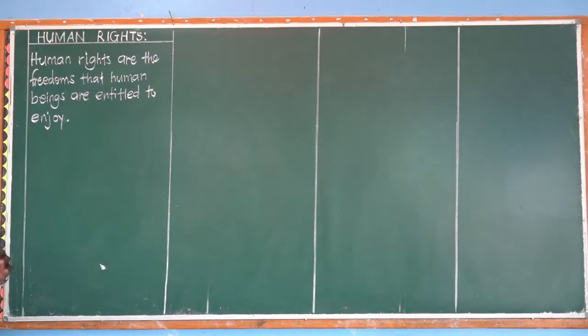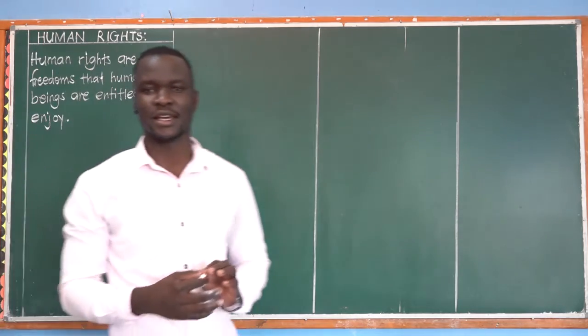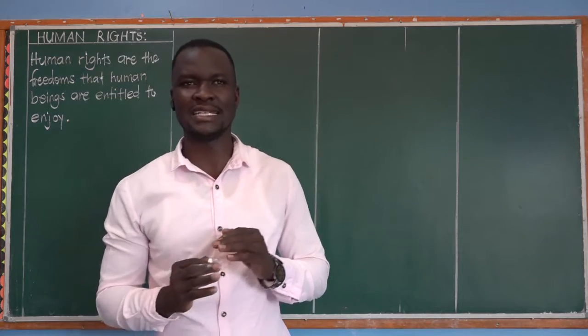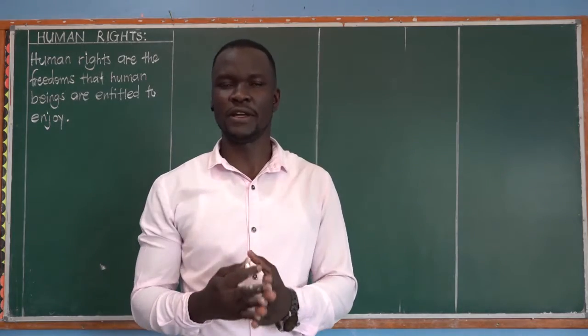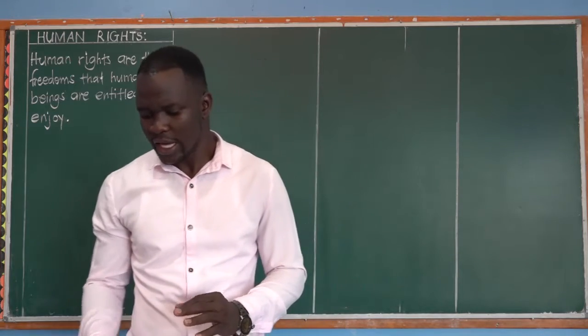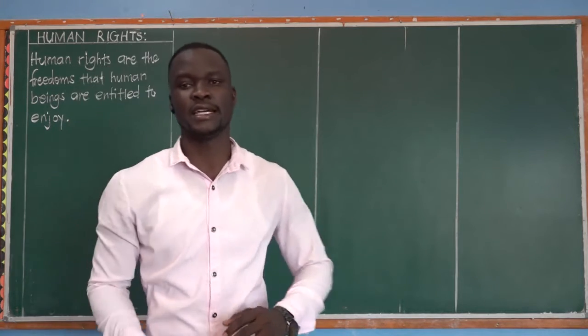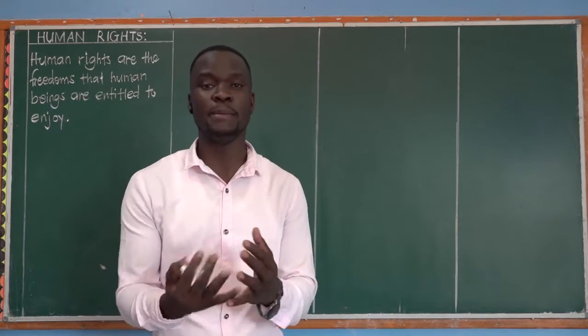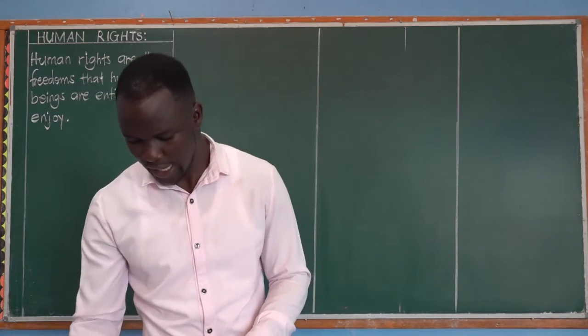That is how simple we are going to be defining this term human rights. The fundamental freedoms that, or we shall simply say the freedoms that human beings are entitled to enjoy, or the freedoms that people are entitled to have because of being human beings. That is what we have.